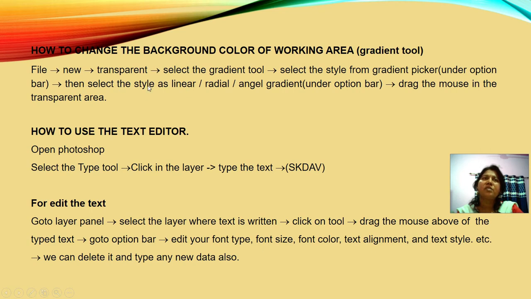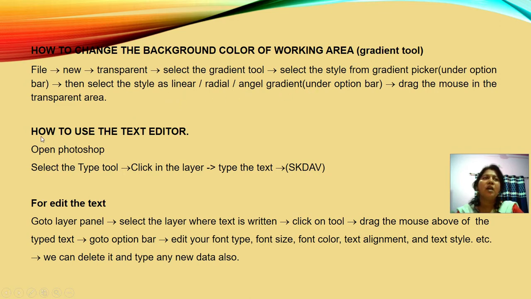Then select the style as linear, radial, angle under your option bar. Now drag the mouse in the transparent area. So automatically the format of your background is changed with a different style as you are selecting the gradient tool.